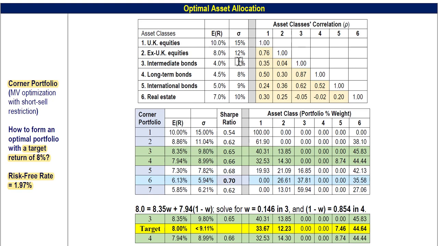In addition to this, we also need a matrix. We need a correlation matrix among those classes. So here is the matrix, 6 by 6.